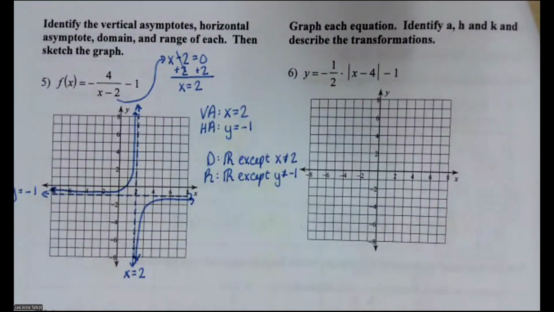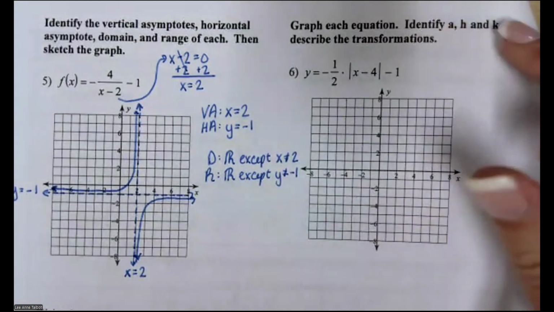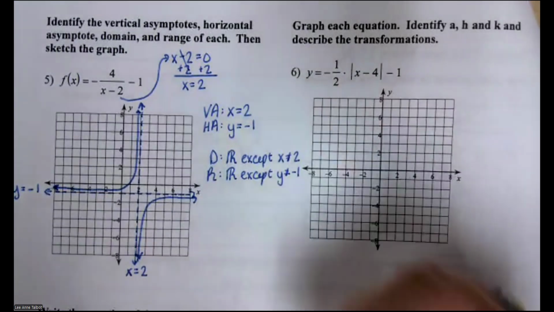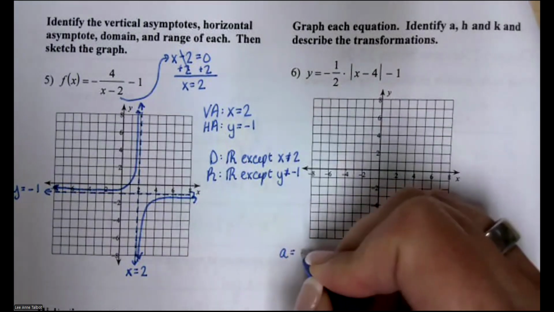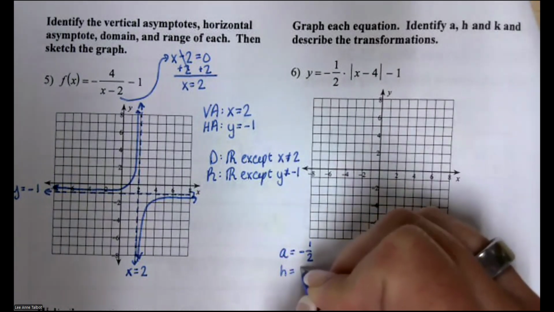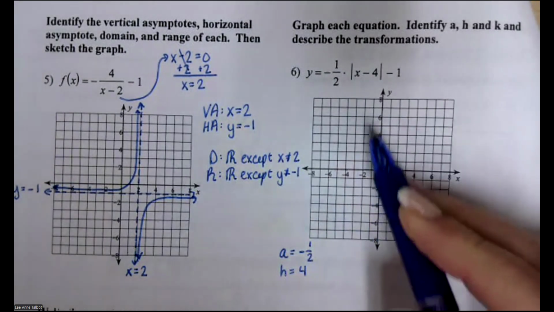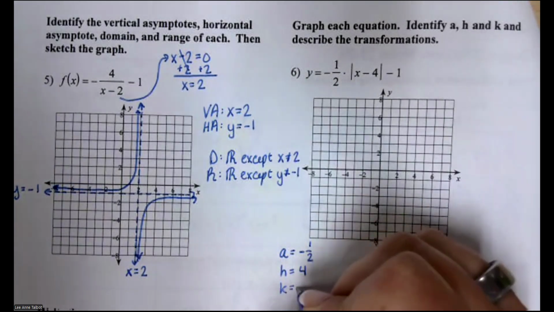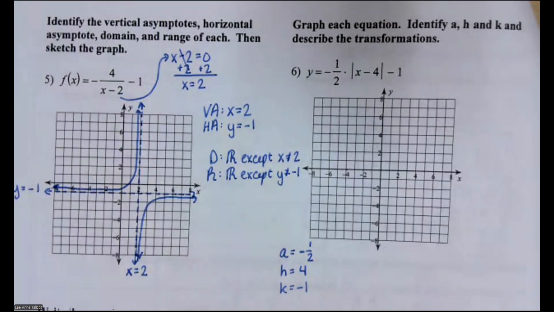Okay, number 2. Graph each equation, identify A, H, and K, and describe the transformations. Okay, so A is -1/2. H is +4. Really careful, +4. K is -1.